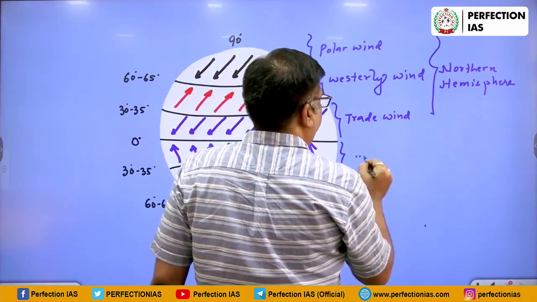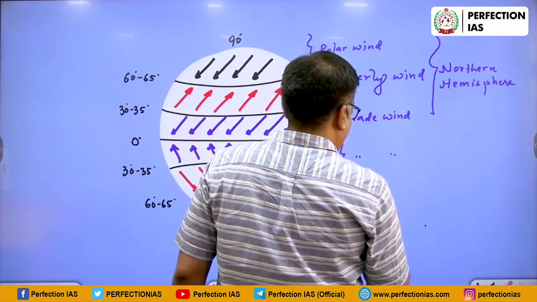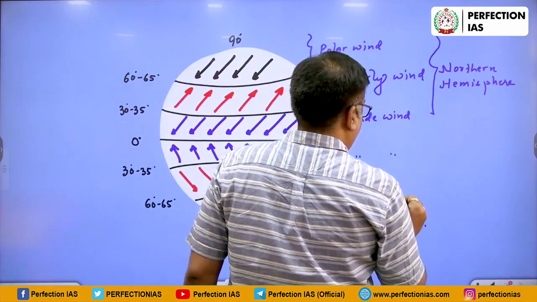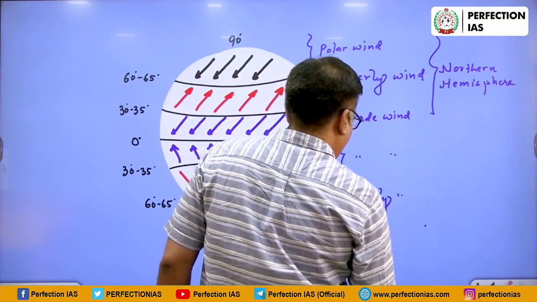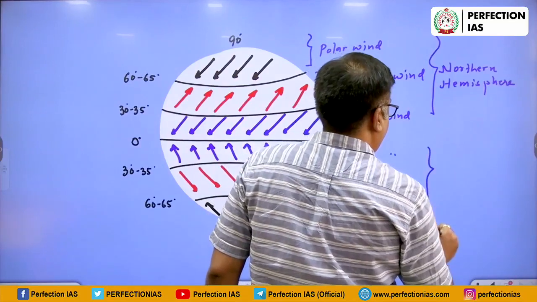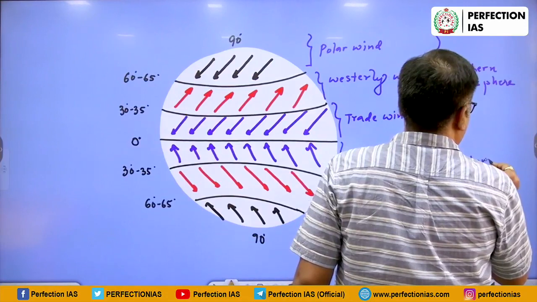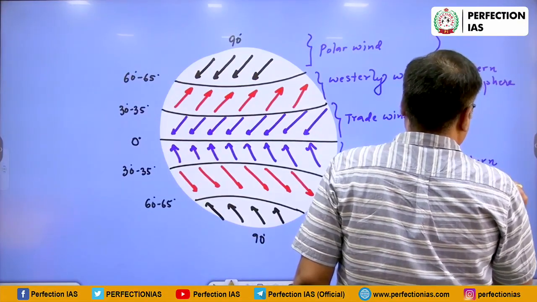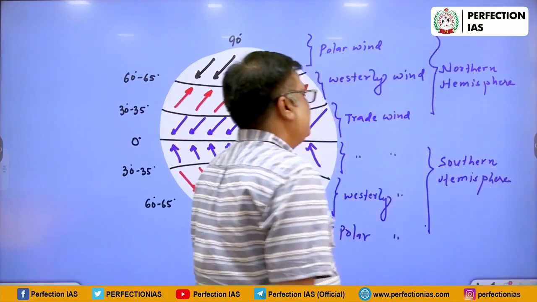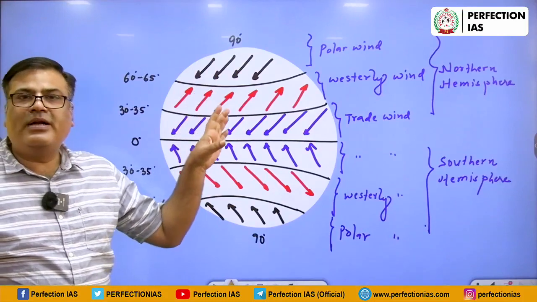These are also trade wind, these are westerly wind, and here these are polar wind, and these belong to the southern hemisphere. All right, so this is called trade wind.